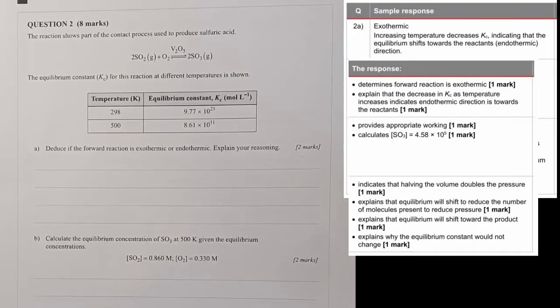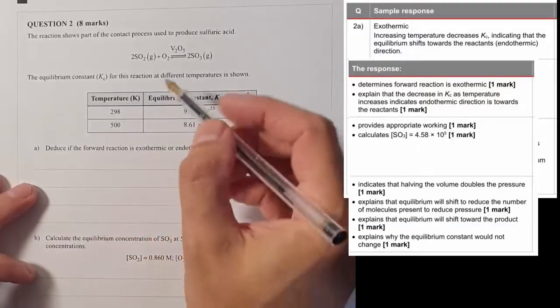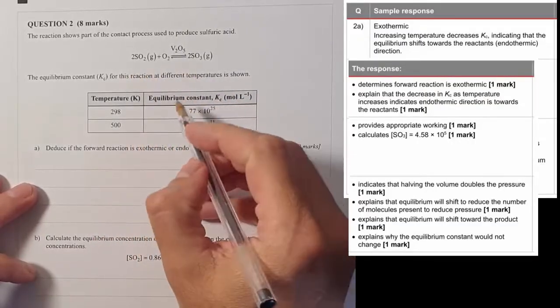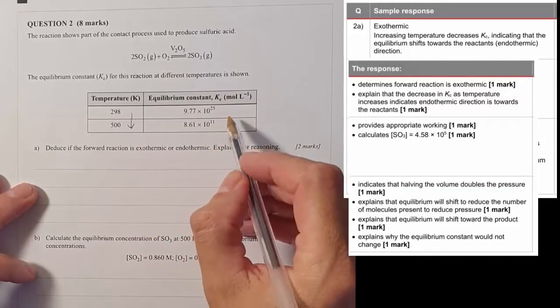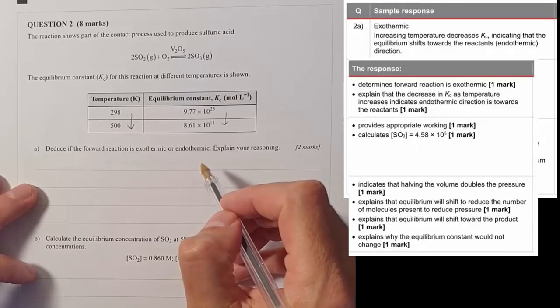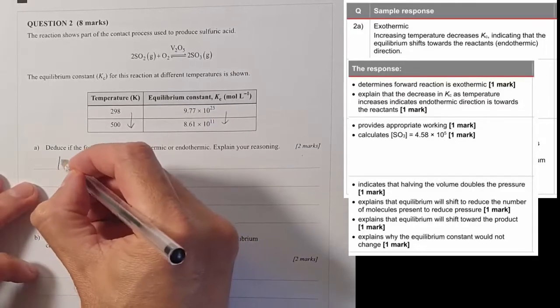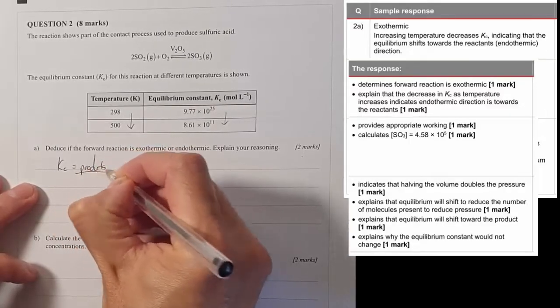Okay, so this one here, deduce if the forward reaction is exothermic or endothermic. So this is the contact process, temperature increases and the Kc decreases. Okay, so the Kc is products over reactants.